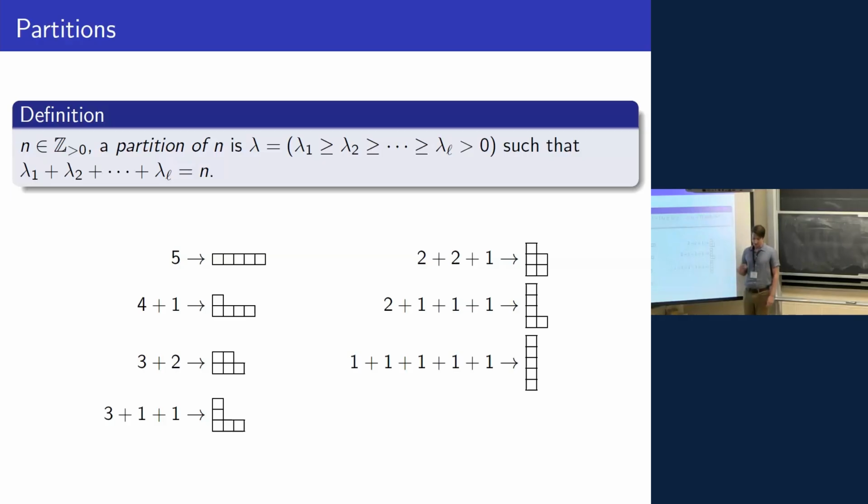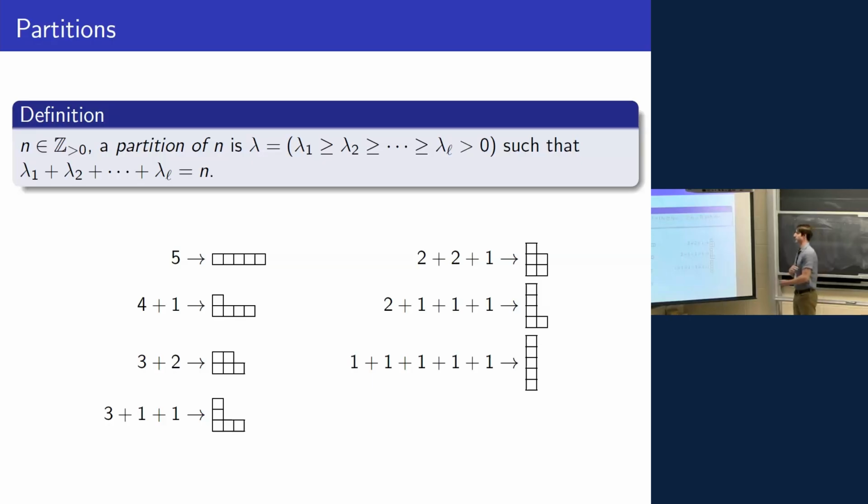As combinatorialists, we often like to take structures and draw pictures out of them. So I'm going to represent partitions via what are sometimes called Young diagrams, or Ferrers diagrams. Now, many of you probably notice something a little different from what you're used to. Throughout this talk, I'm going to use French notation.